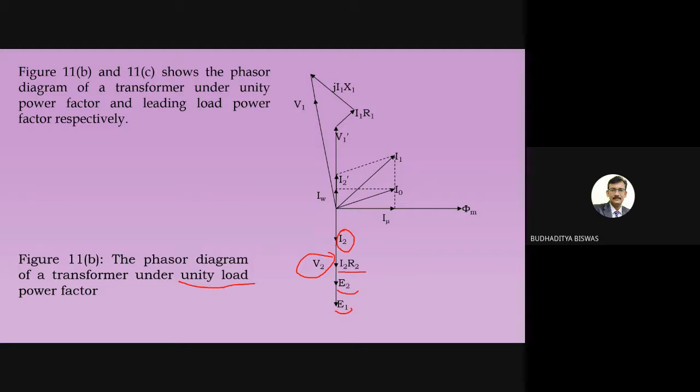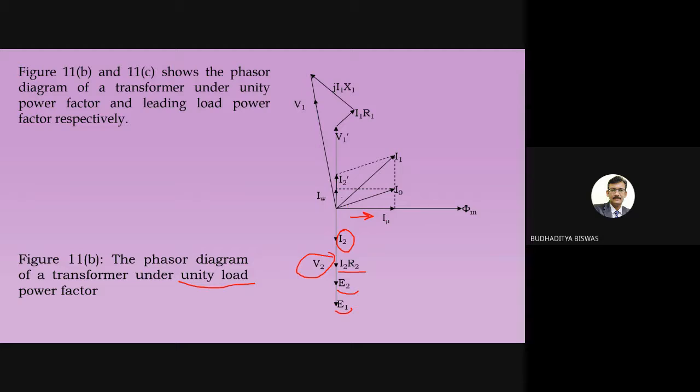After this, as E1 and E2 are on this line, we need to draw phi here, because phi is actually 90 degrees leading from E1, E2. Rest of the things are exactly the same. After that, we extend the value of E1 as V1 dash, then I2 as I2 dash. Then from V1, we draw IW and I mu.